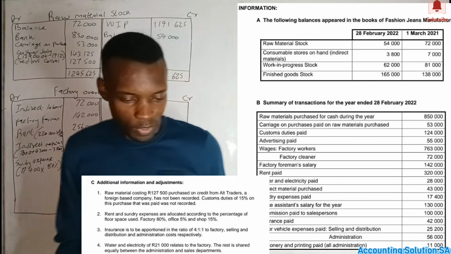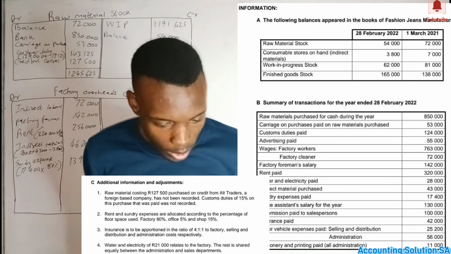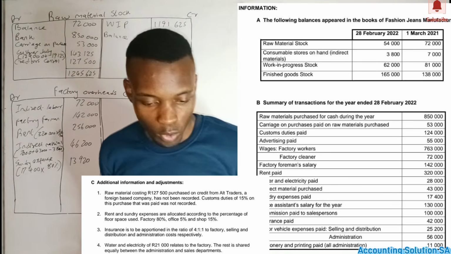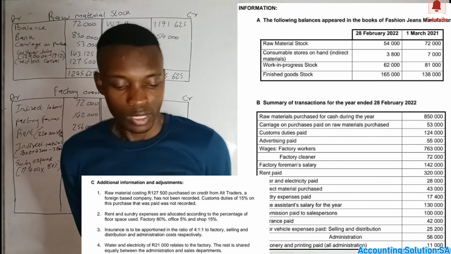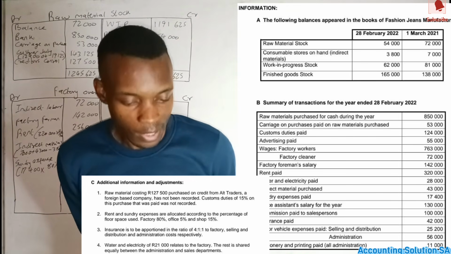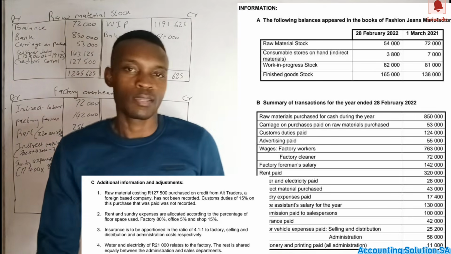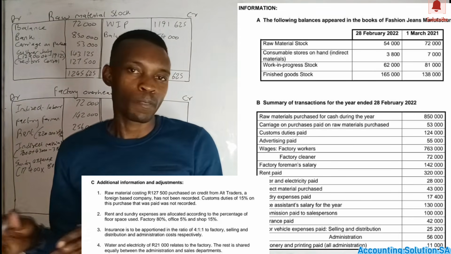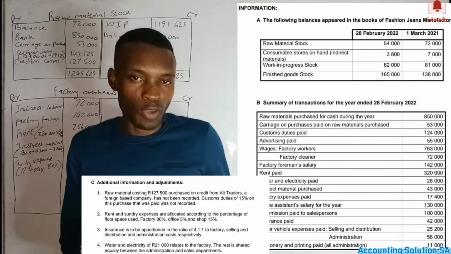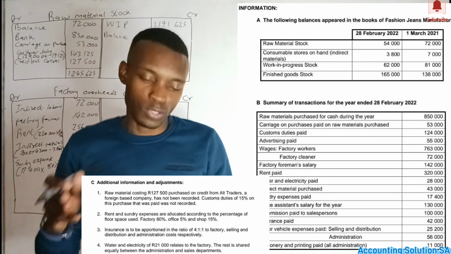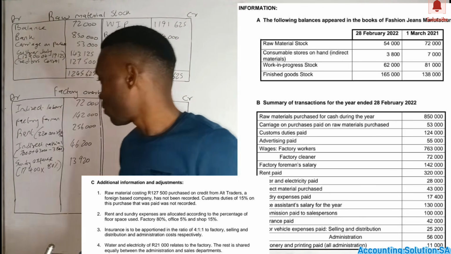Transaction number 3: insurance is to be apportioned in the ratio of 4:1:1 to factory, selling and distribution, and administration cost respectively, which means that 4 is for factory. It's 4 out of how much? 4 out of 6, because we add 4 plus 1 plus 1, which gives us 6.